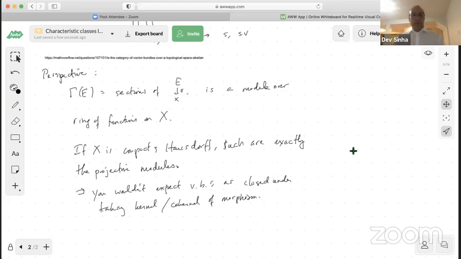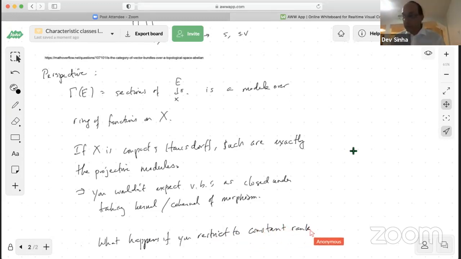I do have another exercise to contemplate. In that Math Overflow thread, someone suggested, and I'd always wondered about this, taking constant rank. Well, let me say first, what happens if you restrict to constant rank morphisms, ones for which the image of the fiber over any point is of the same dimension?